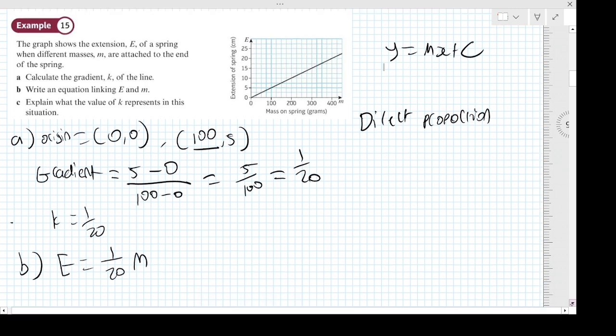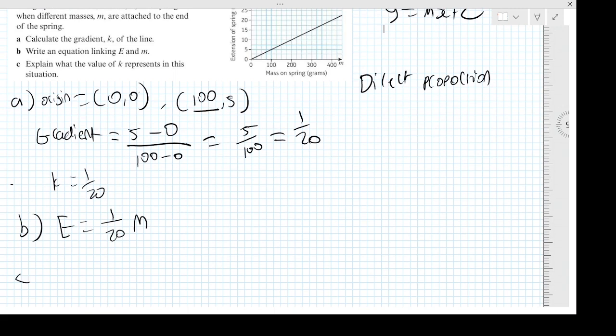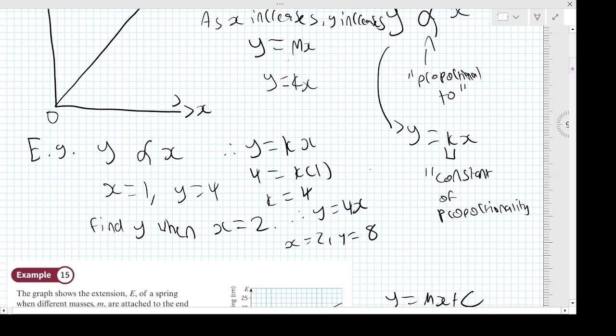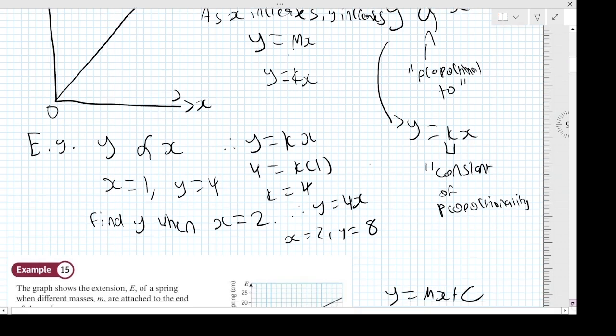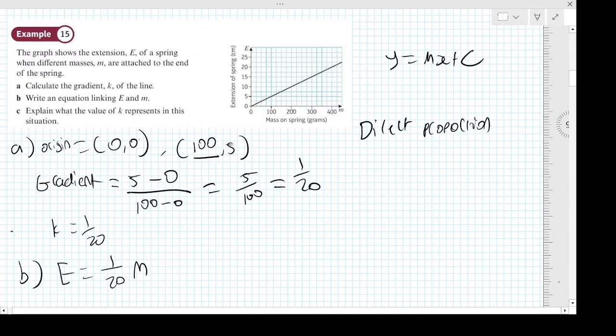There we are. Then part C says, what does the value of k represent in this situation? Well, k is the gradient. So it's asking what the gradient represents in this real life situation. But what's going on then? Let's look at what it's describing. E is the extension of a spring with different masses m.